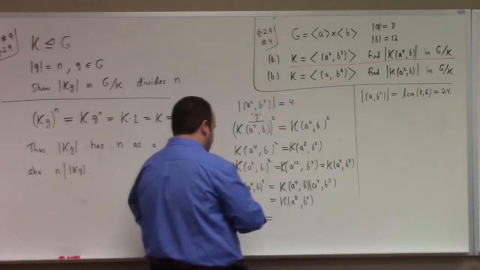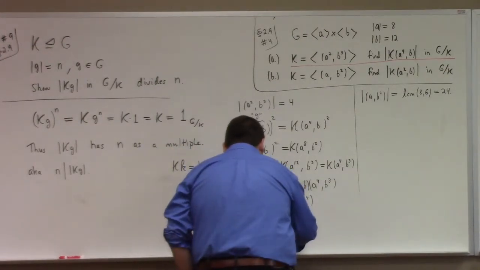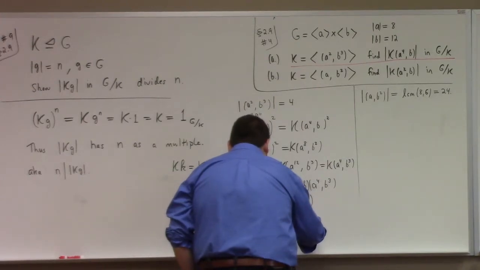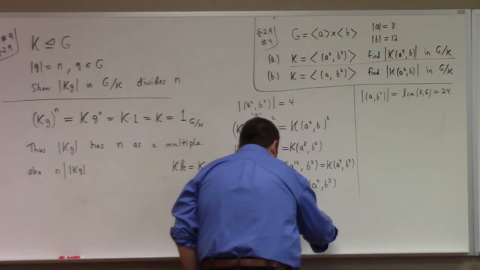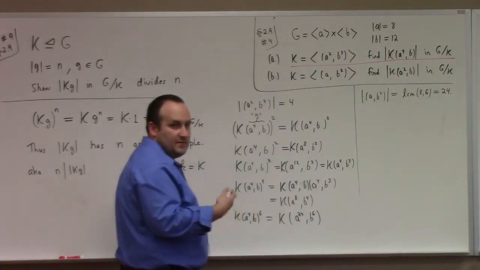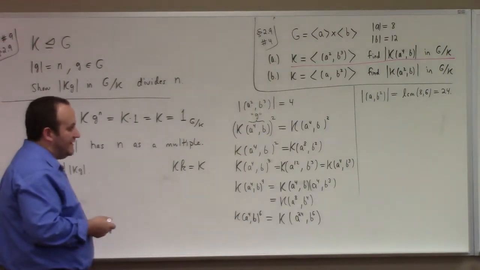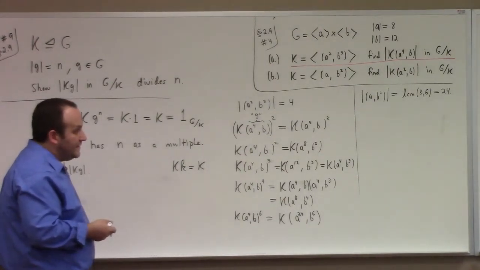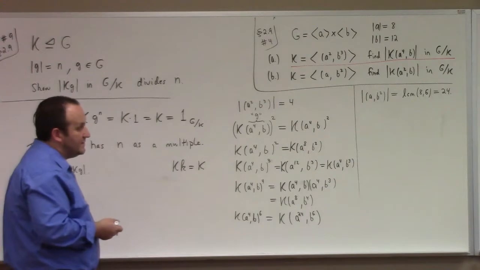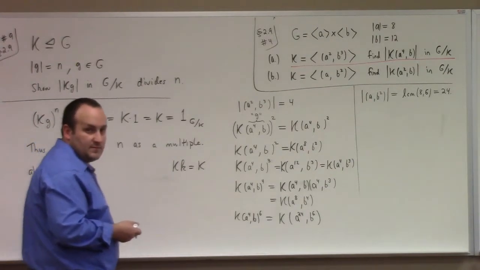You know what? In order to not compound errors, the smarter way to calculate here is independently. It's not that much arithmetic to do a to the 4th and b to the 6th and then just reduce appropriately, because the order of a is 8 and the order of b is 12.